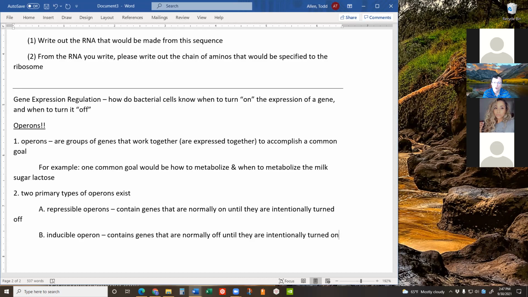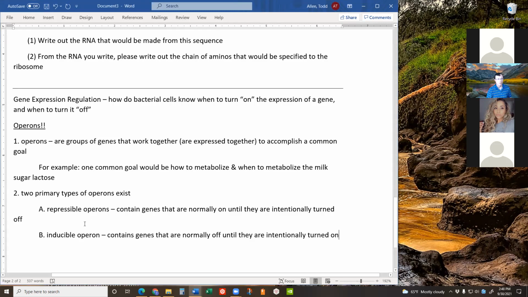Tell me something at your home that's normally off until you intentionally turn it on. Okay, your washing machine, your shower. For many people, it's lights, right? The light switch is off until it gets dark at night, then you turn it on. This is the difference in operons that exist.